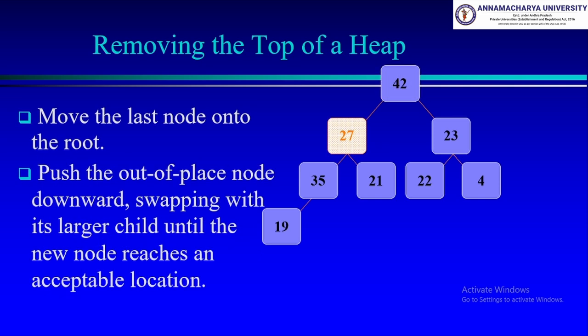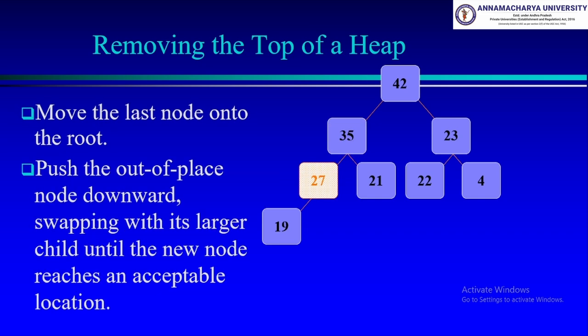So this is 42 and 27. 42 is the higher value, so the swap occurs, and 27 comes as a left child of 40. Similarly, 35 and 27, the swap is required. Here, 27 appears as the left child of 35. Similarly, 27 and 19 are verified. 27 is a higher value, so it is the parent, and 19 is a lower value than 27, so there is no swap.